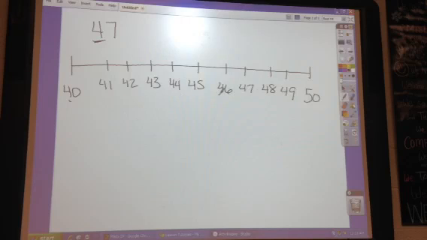Eventually students didn't have to number all of those. They could just count in their head and mark where 47 was. And then I would ask the students, is 47 closer to this end of the number line or this end of the number line? And they would say it's closer to 50. Therefore 47 rounded to the nearest 10 rounds to 50.